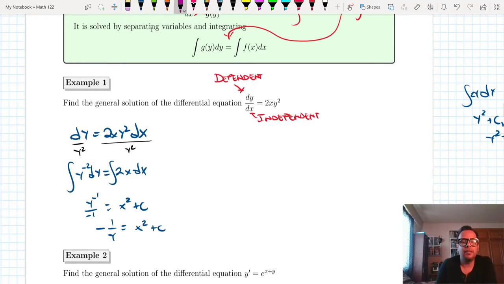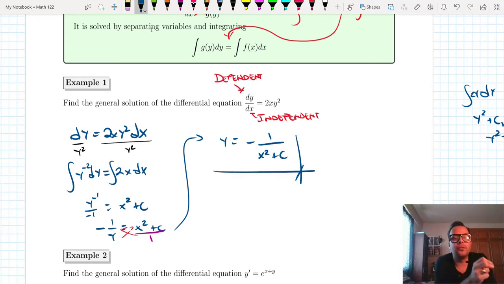Notice this is the same as divided by 1. I'm going to cross multiply to get y equals negative 1 over x squared plus c. And that's the general solution. In this case, we're not looking for a particular solution. We're going to do that on a different example.